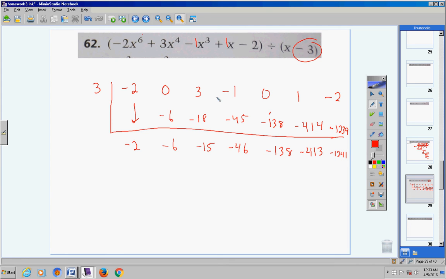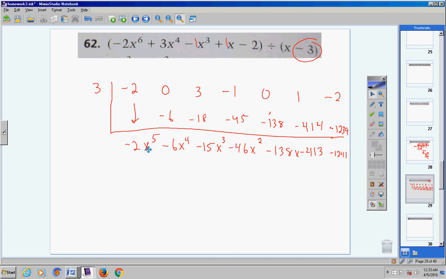So here's your answer. This was a 6th degree, so I got 1 less than that, and that would be 5. Okay, so my answer is negative 2x to the 5th minus 6x to the 4th, negative 15x cubed, negative 46x squared, minus 138x, negative 413.